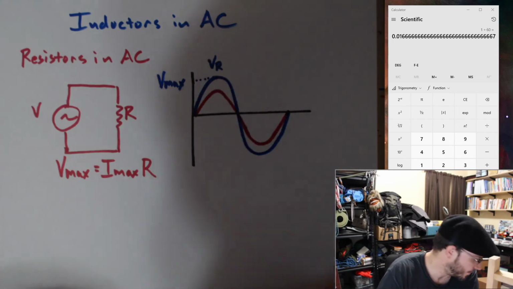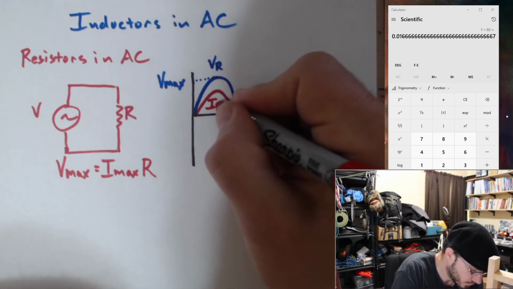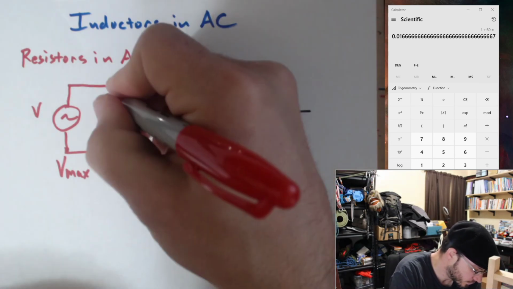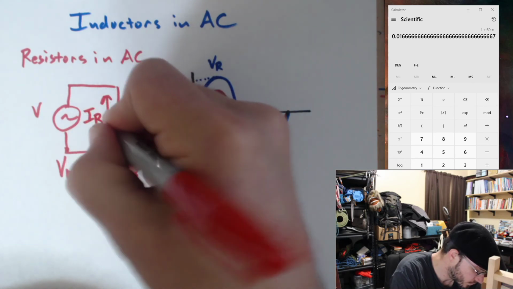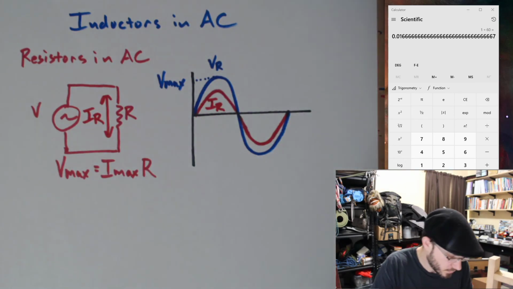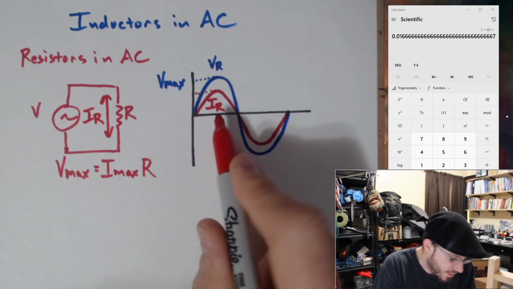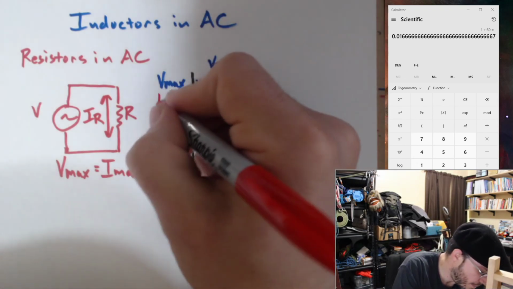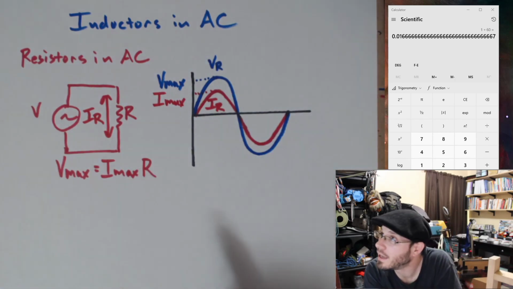According to Ohm's law. So I'll call that I sub R. And this current also reaches some max value. I'll call it I max, as I did down here.